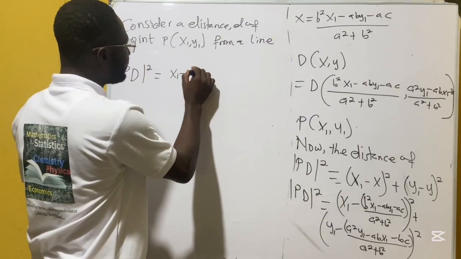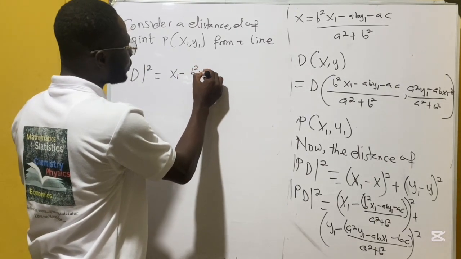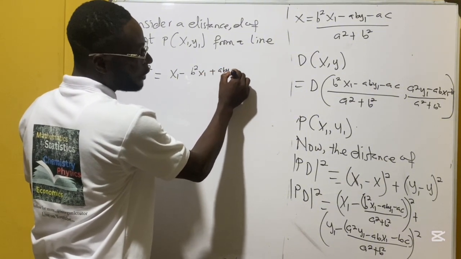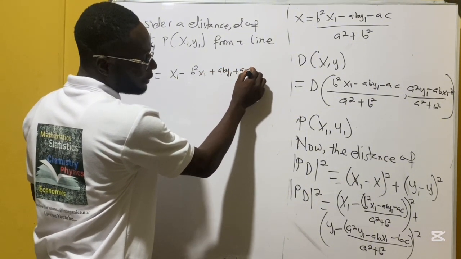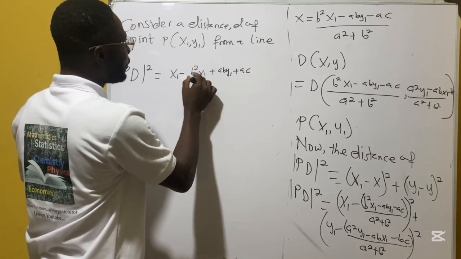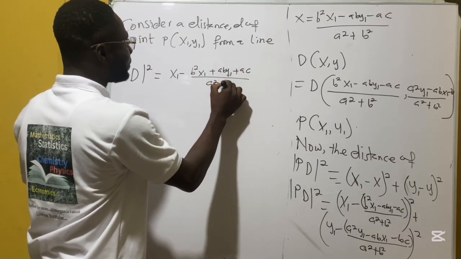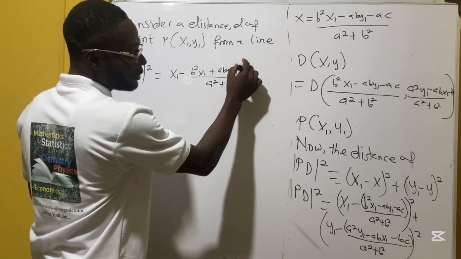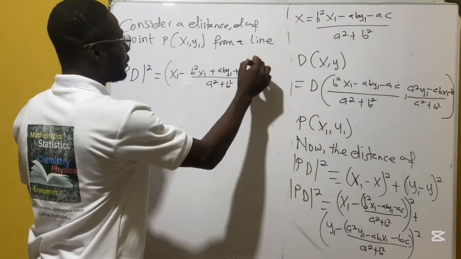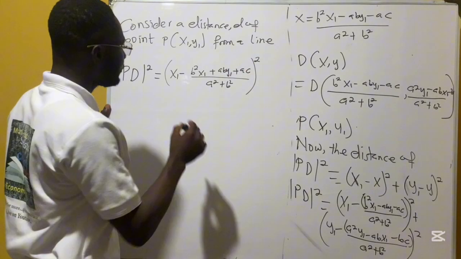Negative b squared x1 plus aby1 plus ac, all over a squared plus b squared, all squared, right?